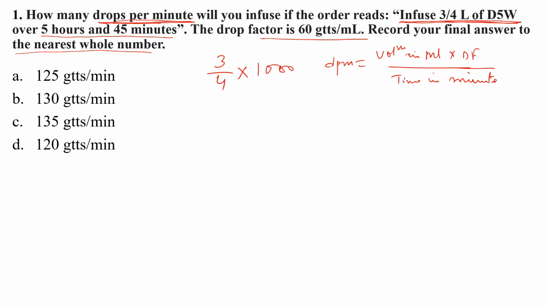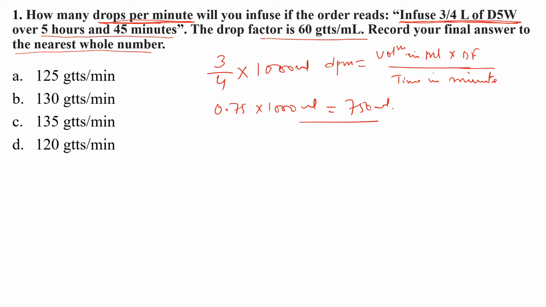So that's why we have to convert this 3/4 of a liter into ml. 1 liter equals 1000 ml. So instead of 1 liter we will write 1000 ml. If we divide 3 by 4 we get 0.75 multiplied by 1000 ml, we will get 750 ml.